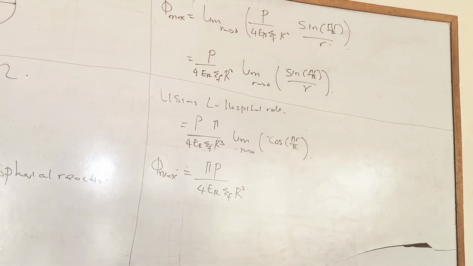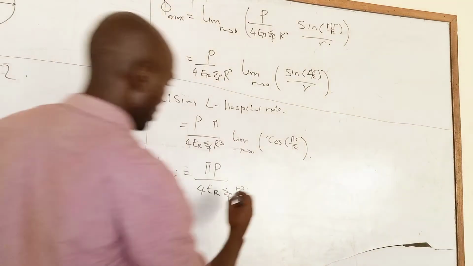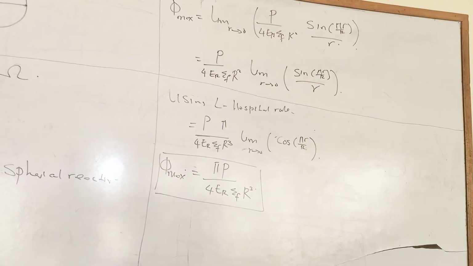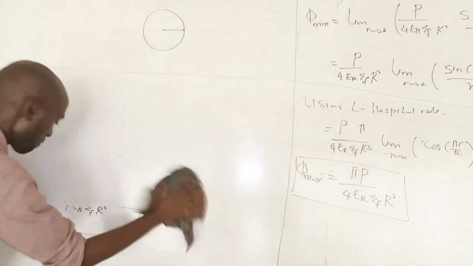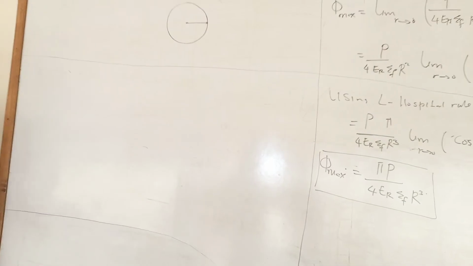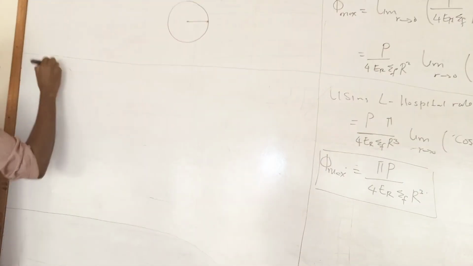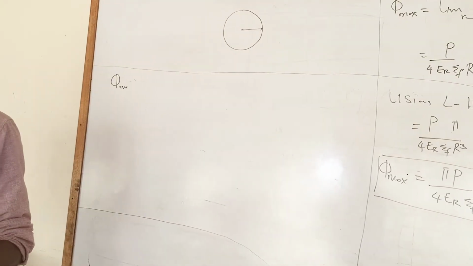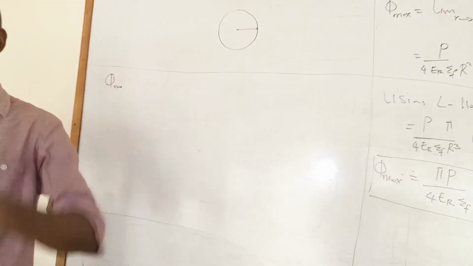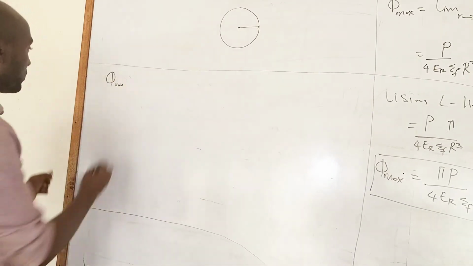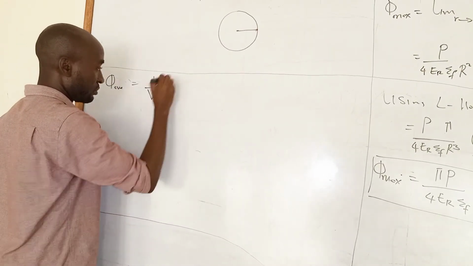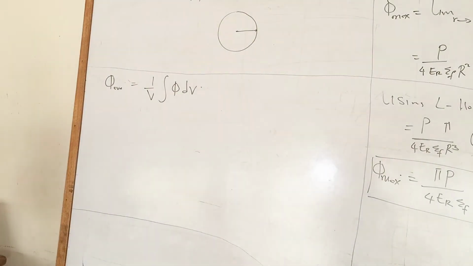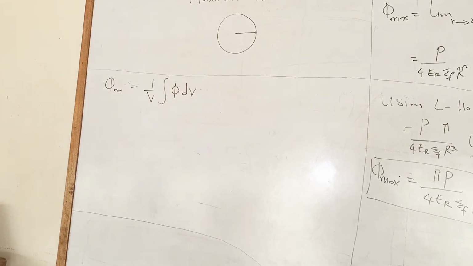Let's now look at our average flux. Our average flux will be the total flux divided by the volume, something like 1 over V times the integral of phi dv. That will be our average flux.